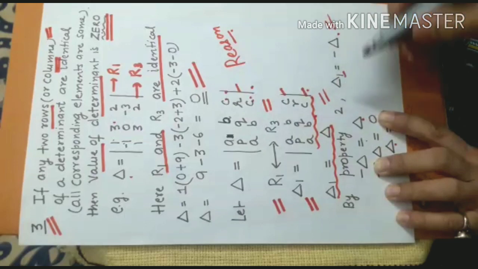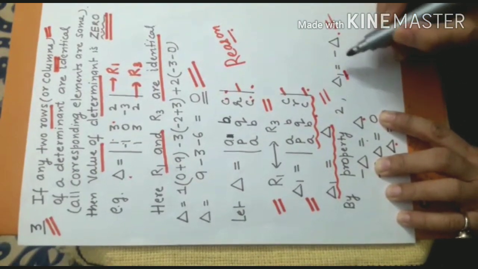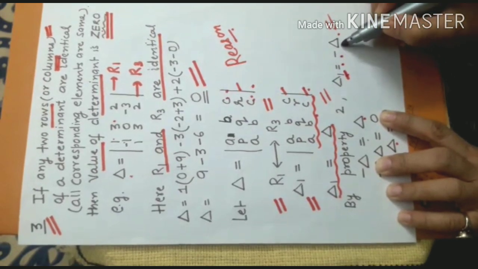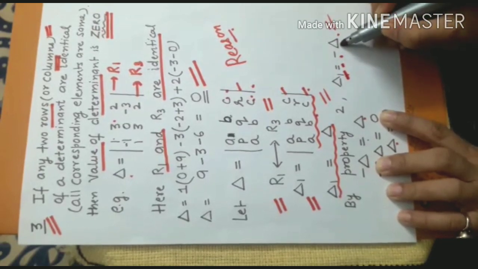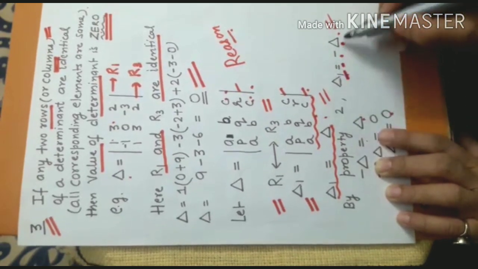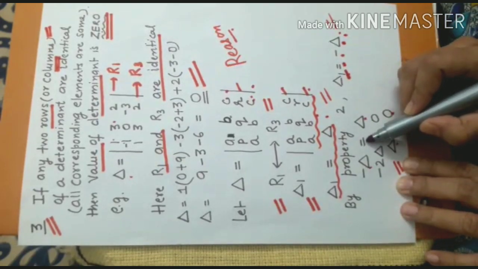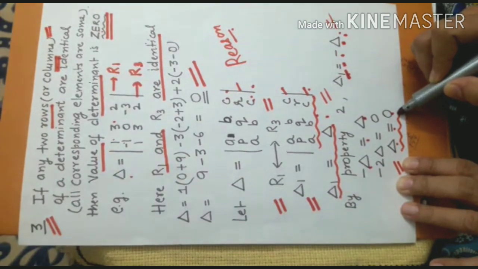So by that property, the new determinant, that is delta 1, should be equal to the negative of the original determinant. So delta 1 is equal to minus delta. So from these two relations, we have minus delta is equal to delta. So that will give you delta equals 0.